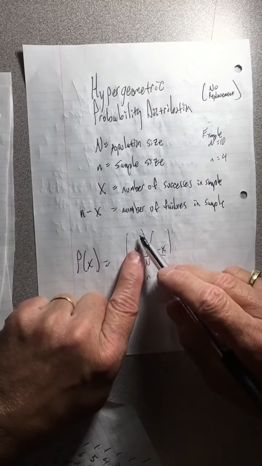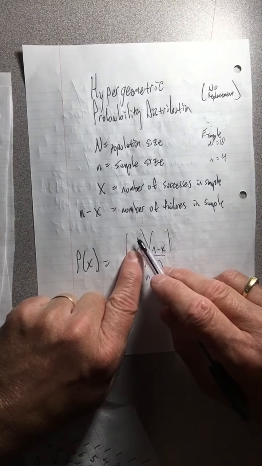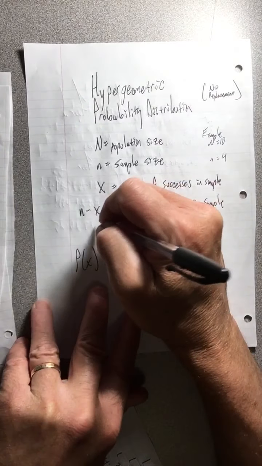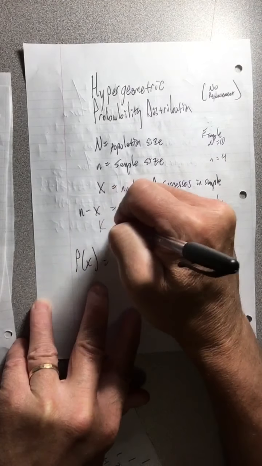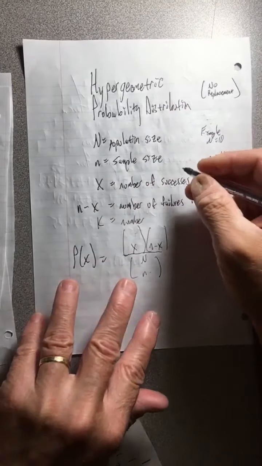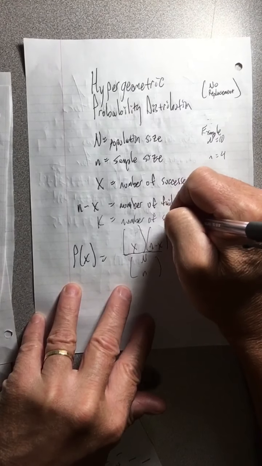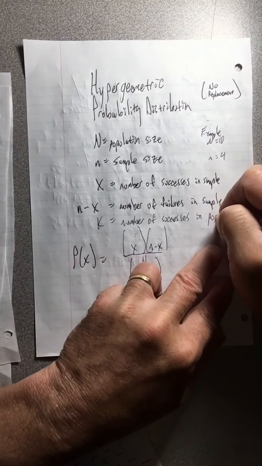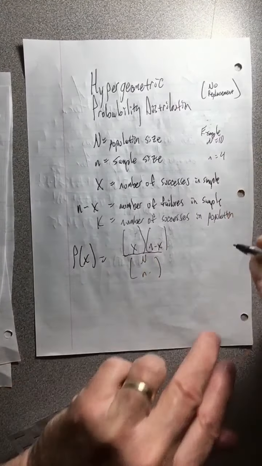But I need to know how many are black or whatever. So we're going to say I need to have, let's call it k. I think most books call it k. And that's the number of blacks, which in this case is successes, in the population. Okay, so that helps me finish off this thing.